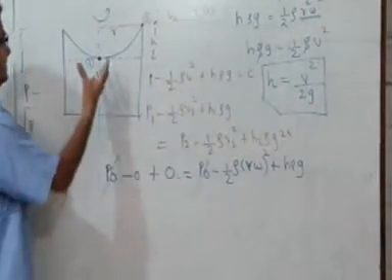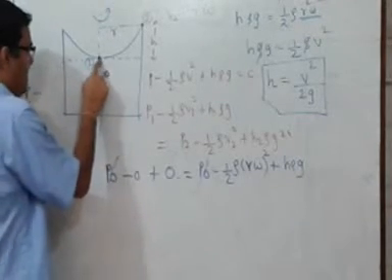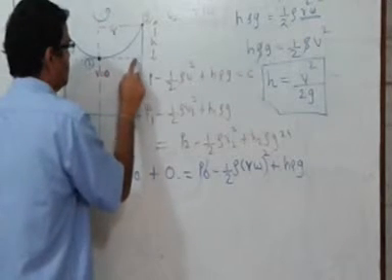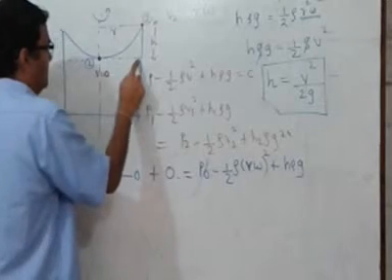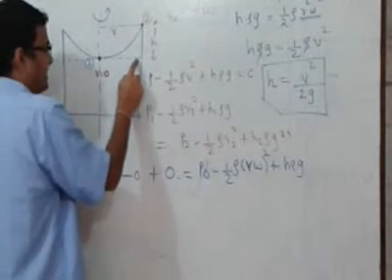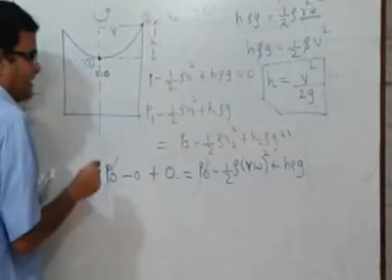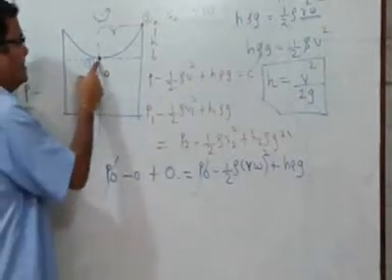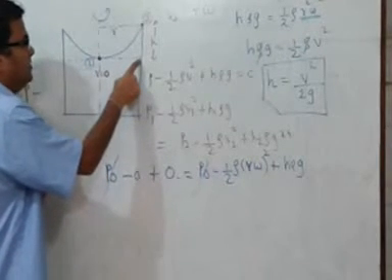Please understand the mechanics of a vortex. Pressure here is atmospheric. As we go away from the point inside here, the pressure goes on increasing, and here the pressure is maximum. As we go away, pressure goes on increasing. Please note, as velocity increases, pressure also increases. Here the pressure is also 0, velocity is also 0, whereas here the pressure is maximum, the velocity is also maximum.